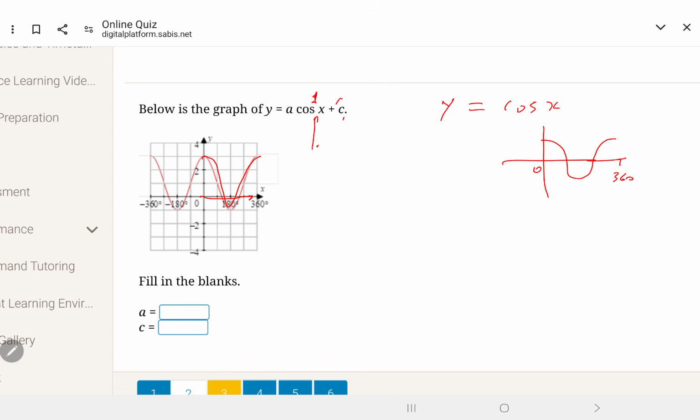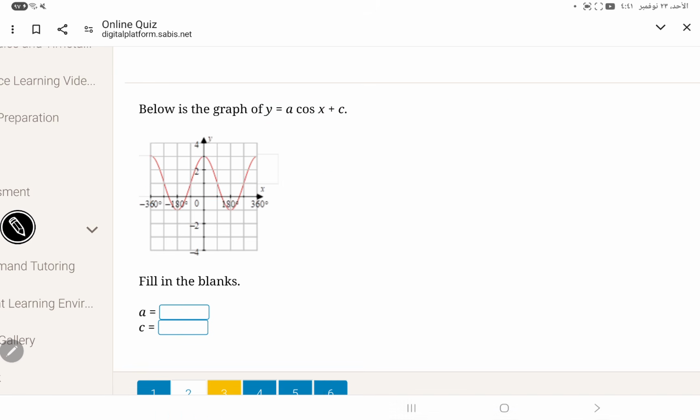Now C is the middle line of the function. This is the middle line. And A is the amplitude. The amplitude here, clearly, it's 2. So this 2 must be here. And C is the middle line, which is y equal 1. So here 1 and here 2. I repeat one more time.